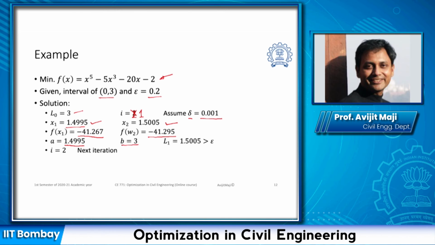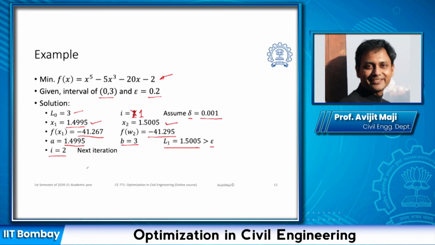The upper boundary remains there, and the interval is now 1.5005, which is greater than the precision level we want to achieve. Hence we are moving to the next iteration, increasing the iteration counter by 1. So now the iteration is 2, and we'll follow through that process.